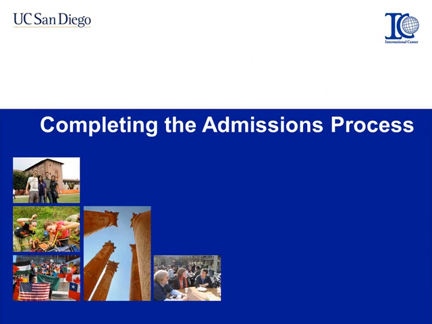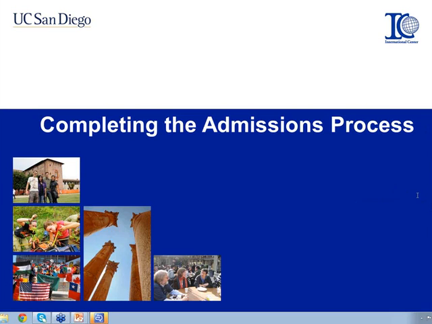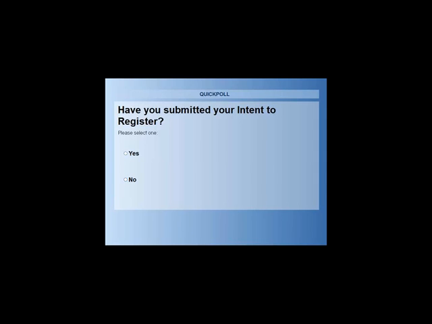Next, we will discuss how to complete the admissions process. But first, I want to conduct a poll. On your screen, please answer the following question. Have you submitted your intent to register at UC San Diego?